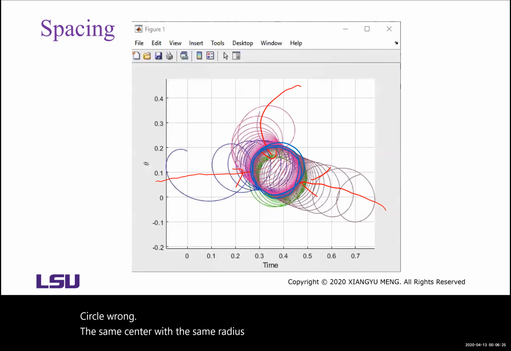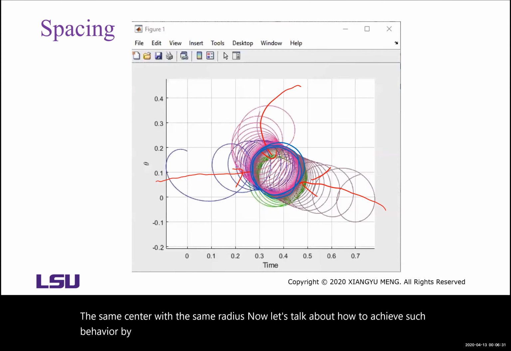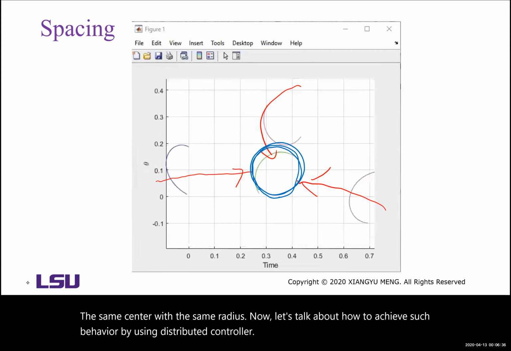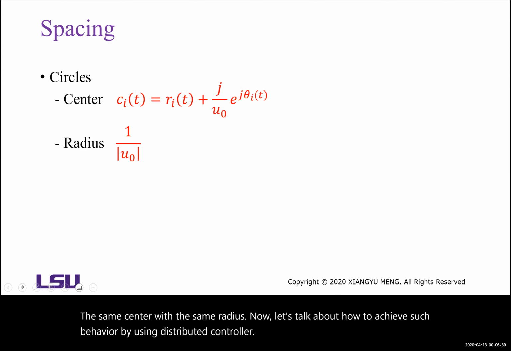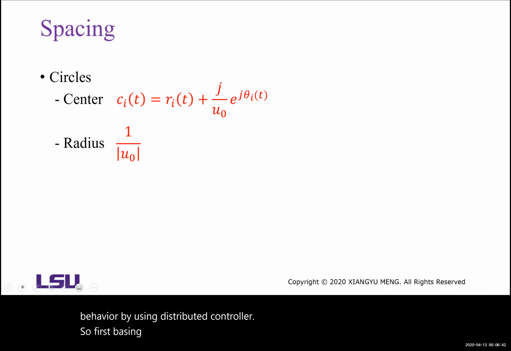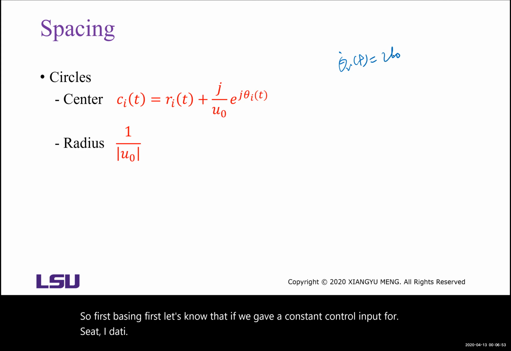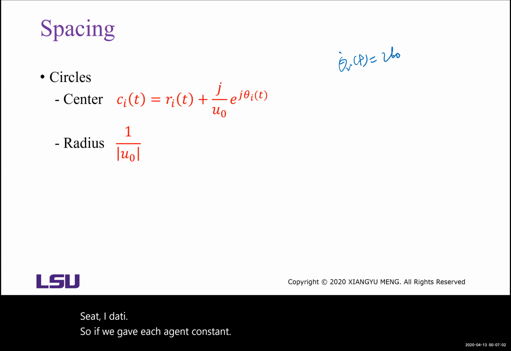Now let's talk about how to achieve such behavior by using a distributed control law. For spacing, first let's note that if we give each agent a constant control input for θi dot, then the motion will be in a circle.